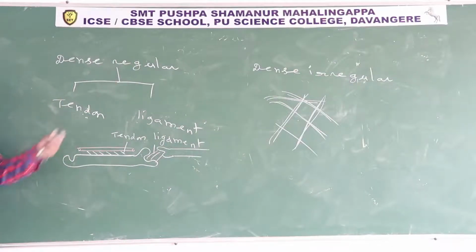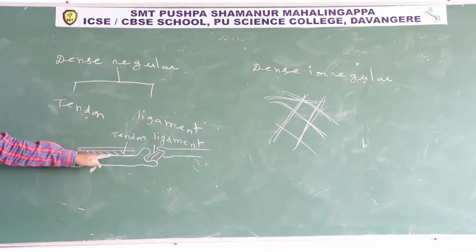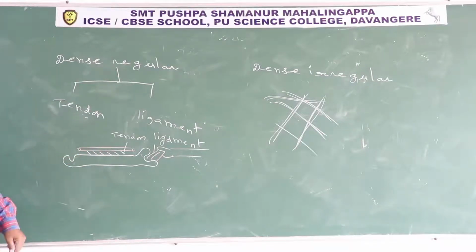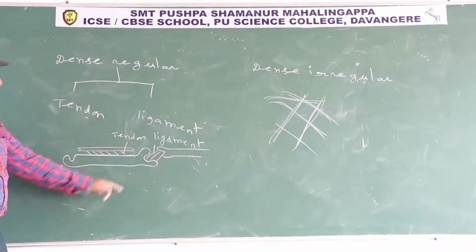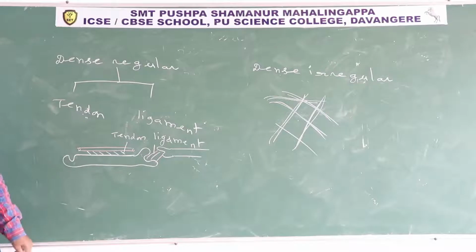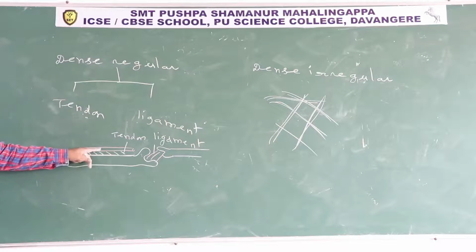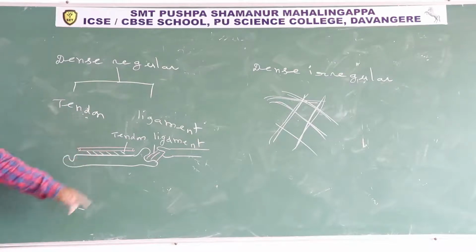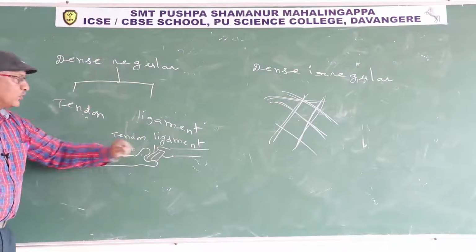Or distinguish between tendon and ligament. Ligament is a dense regular connective tissue, connects bone to bone. Both are dense regular connective tissue only.